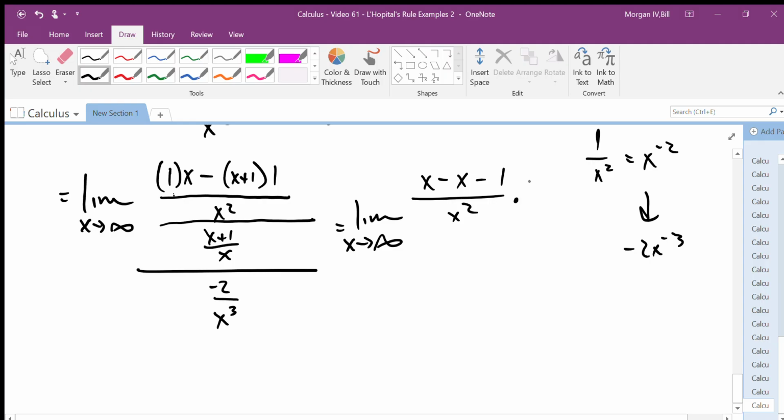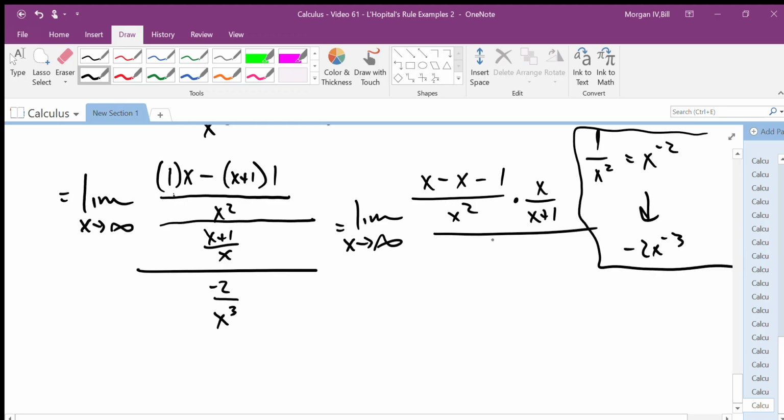But instead I'm going to write that as times x over x plus 1. Divided by negative 2 over x cubed. Basically I'm taking this fraction here and multiplying it by its reciprocal to become x over x plus 1. Okay, now it's looking a little bit better. The x minus x up here cancel out, and I just get negative 1.